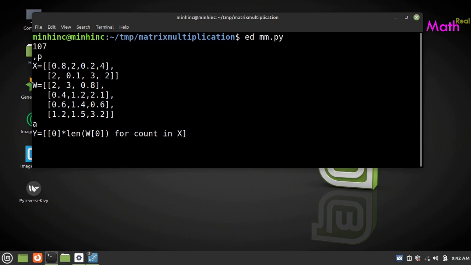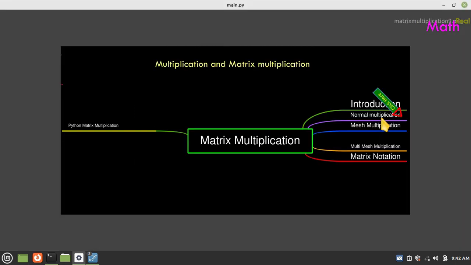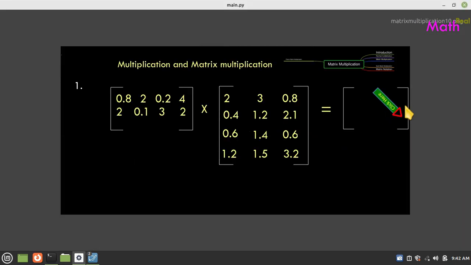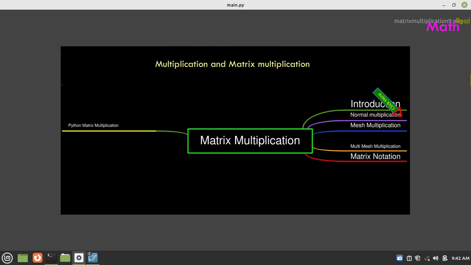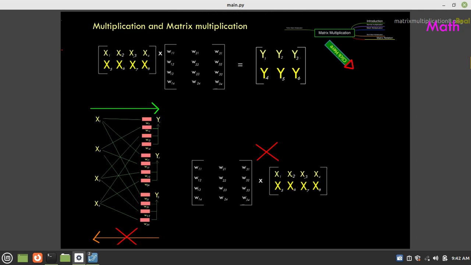So now we are defining x, w and y the way it is here. This is x, this is w, and this is the y that needs to be generated.